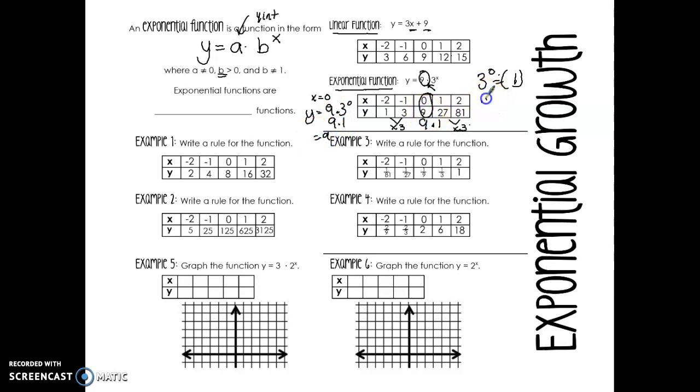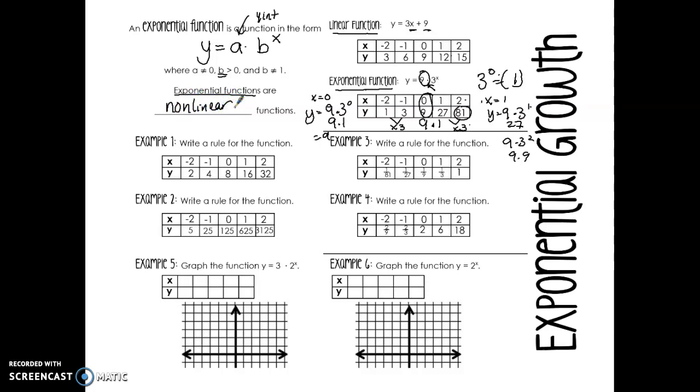When I plug in x equals 1, I get y equals 9 times 3 to the power of 1, which is 3, or 27. And then you can see when it's squared, this value is 9 times 3 squared, 9 times 9 is 81. So exponential functions grow exponentially. These functions are non-linear.